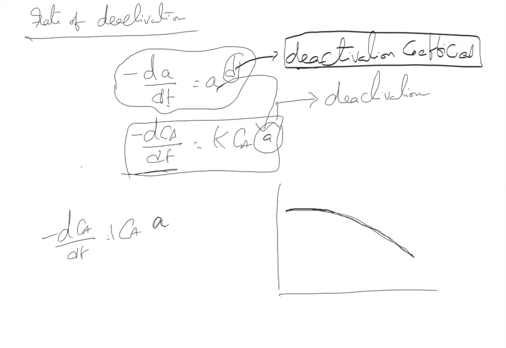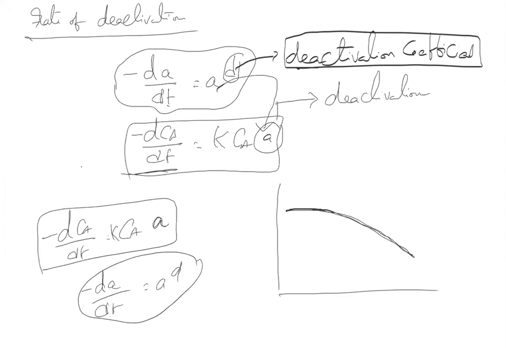So how do you solve this? For A you have another equation, minus dA by dt equal to A power d. This is how the deactivation is changing with respect to time. You have to substitute that here and then solve this equation.